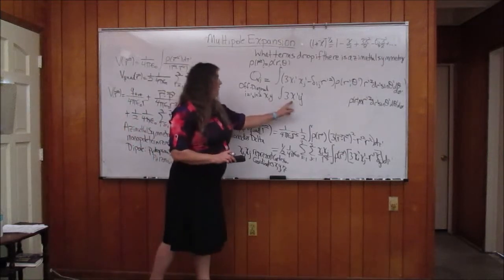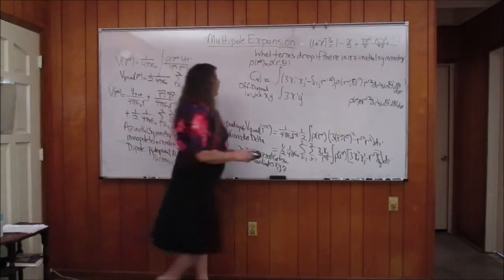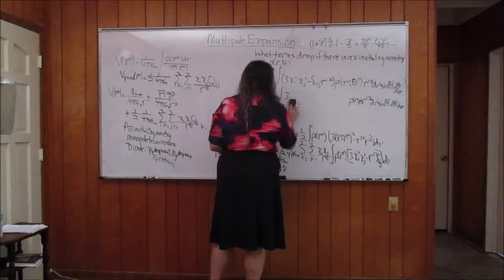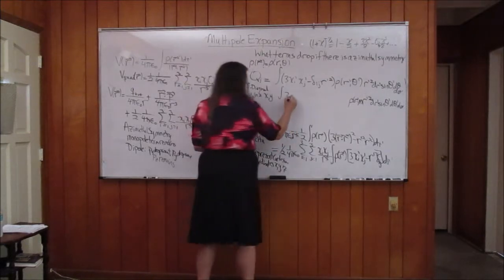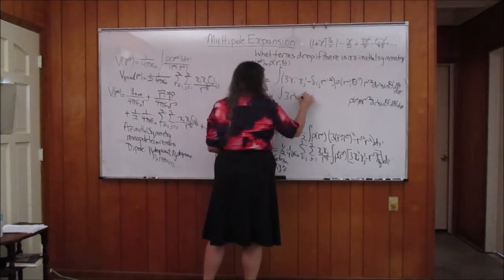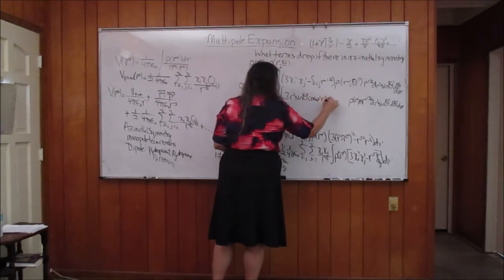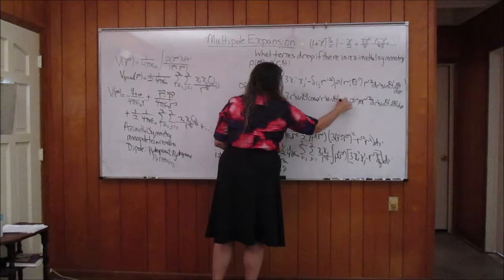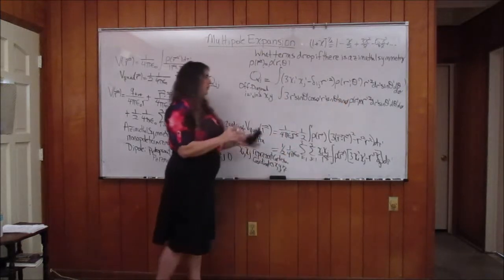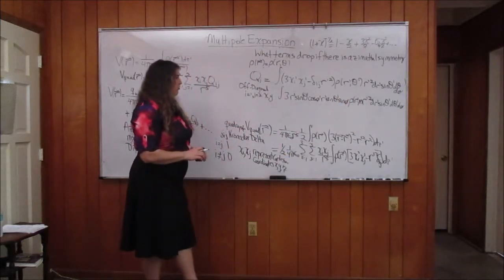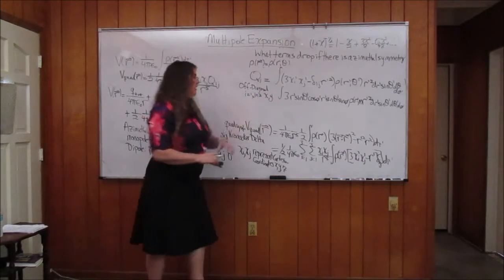Again, it's most convenient to rewrite these in terms of spherical coordinates, so that becomes r prime sine theta prime cosine phi prime, and r prime sine theta prime sine phi prime. So I get the product of two trigonometric functions, cosine and sine.